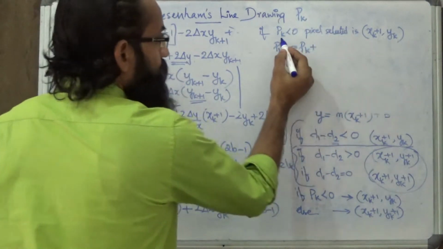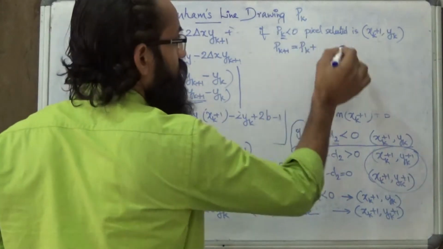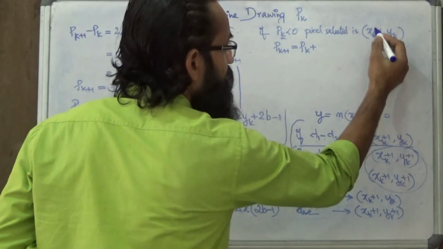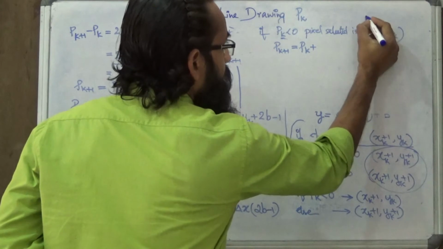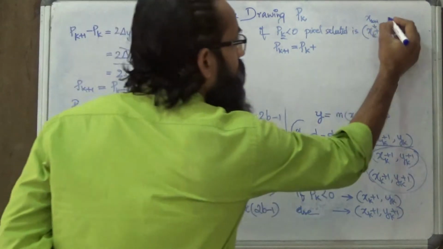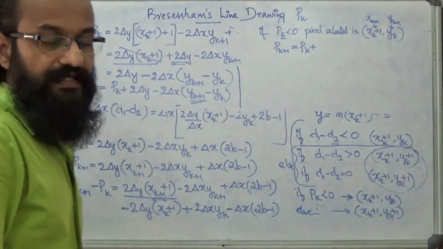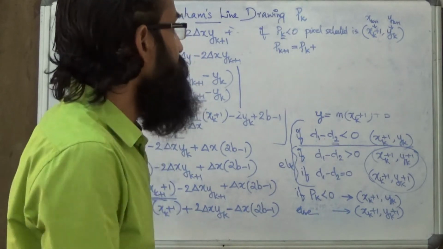So at kth step you are having decision parameter pk. If it is less than 0, the next pixel selected will be xk plus 1, and yk plus 1 will be equal to yk. That is, at k plus 1 step you will be selecting this particular pixel.